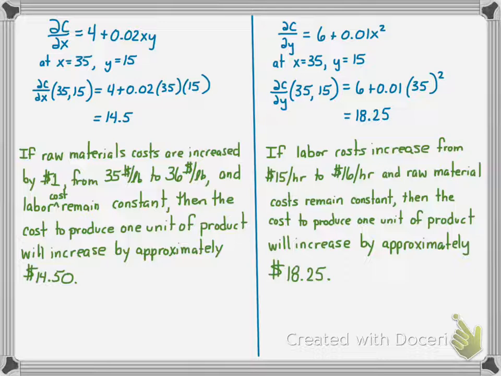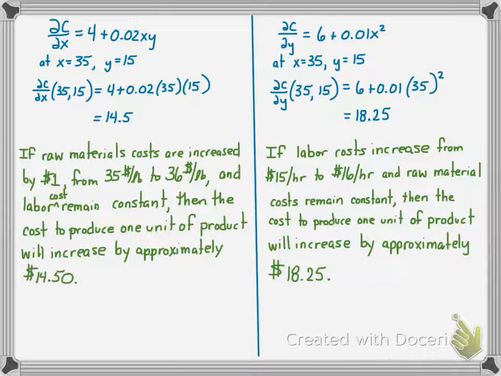All right, so when I look at these numbers, I can see that, what's my goal here? If I'm talking about profit, I want to have a bigger increase, but when I'm talking about cost, I want to increase the cost to produce my product by less if I can, because I do not want to have my costs increasing a lot.